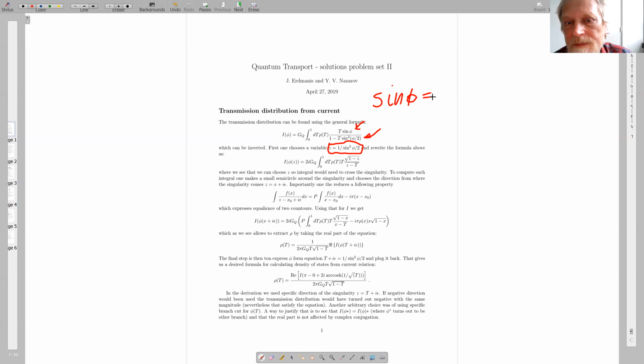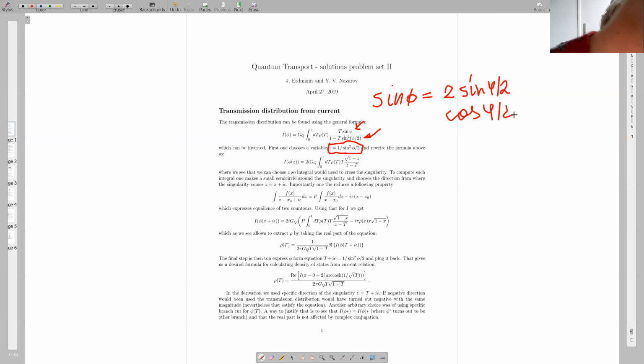This is 2 times sine phi over 2 times cosine phi over 2.